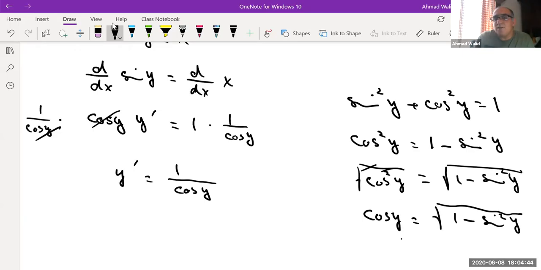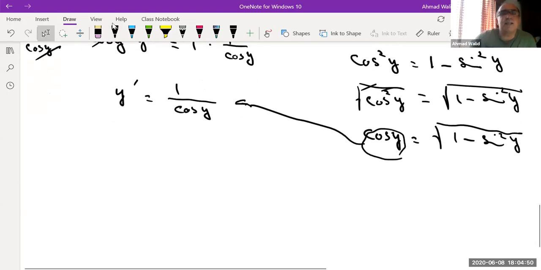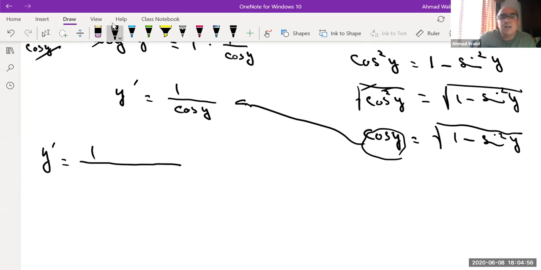Let's take this value of cosine y, which we found here, and plug it into our proof and see what's happening. Then I can write y prime equals 1 over the square root of 1 minus sine squared y.